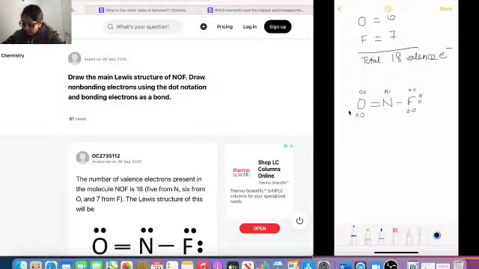So the lines represent the bonding electrons of the molecule.